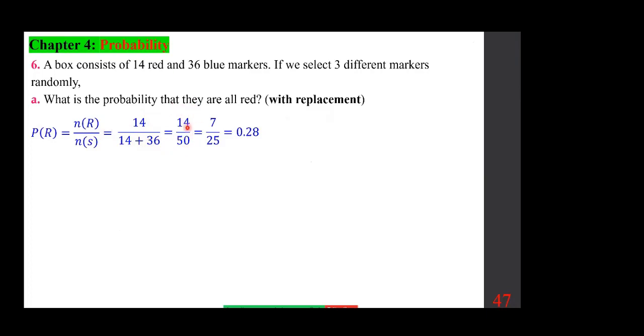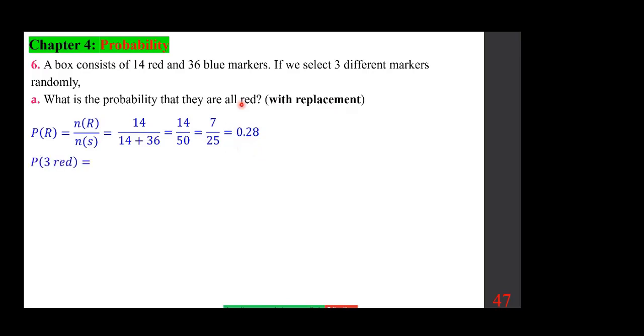So 14 over 50. Now, this is a simplification, reduction of fraction, and this is a decimal representation. So because it's with replacement, they are independent. That 0.28 repeats for the next one and the next one and the next one.